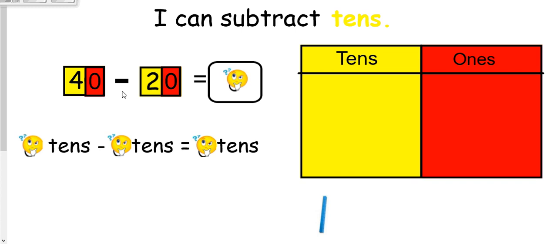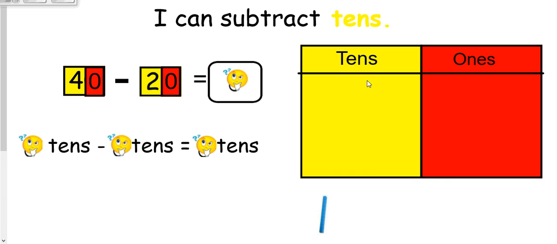Let's make our minus sign with our fingers and remind ourselves: minus means break or take. Minus means we have a whole. In this number sentence, it's 40, and we are going to take away or break away a part of 20.